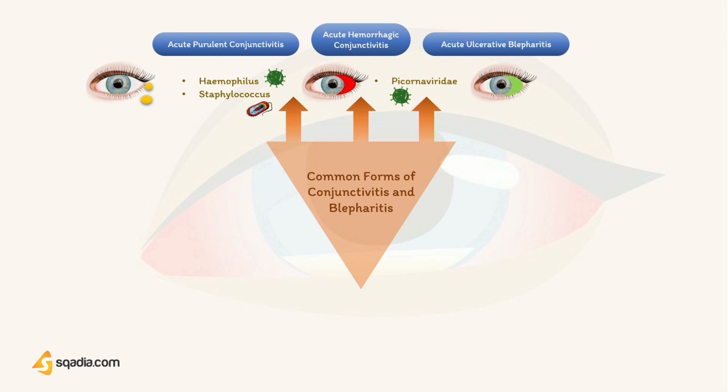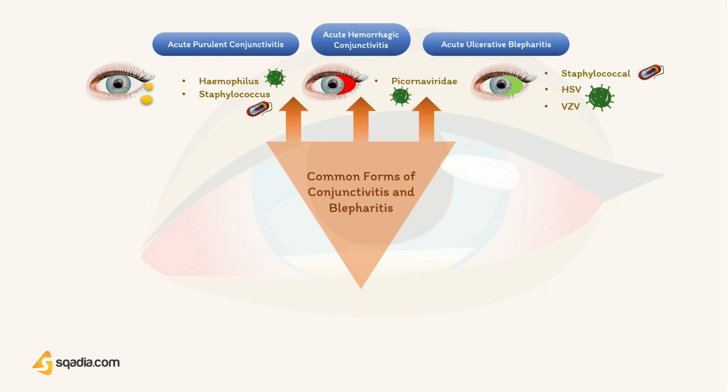Then we have pustules and ulcers that may develop on the cornea. The causative agents include bacteria such as Staphylococcus, or it can even be viral in origin. And that may include viruses such as herpes simplex virus and the varicella zoster virus.